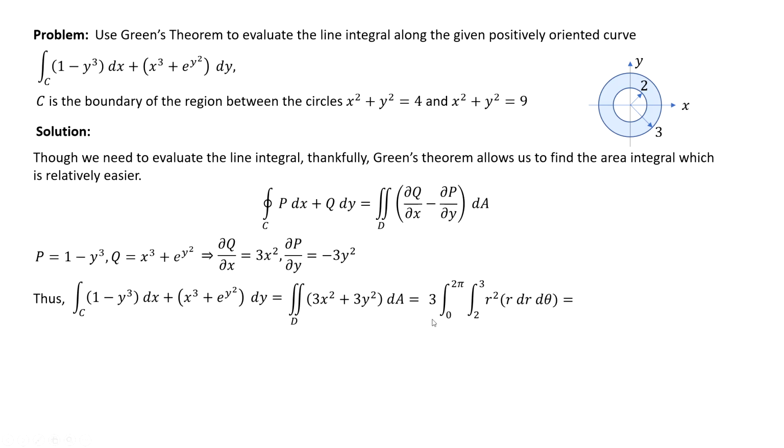And so far as the limits on r and theta are concerned, the r limits are 2 to 3. The inner radius is 2 units and the outer radius is 3 units. So that's exactly what we're saying, 2 to 3. What about theta?